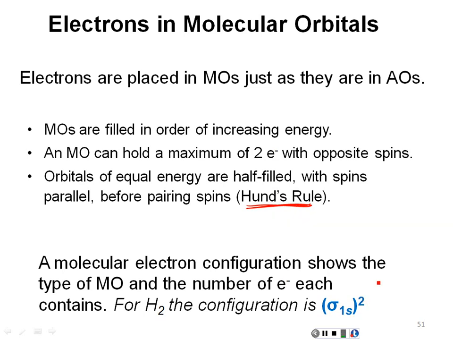This is just like writing an electron configuration like we did in chapter 8 for an atom, but now we can write a molecular orbital electron configuration. So for instance, a hydrogen atom would be 1s1, but an H2 molecule would be sigma 1s2.